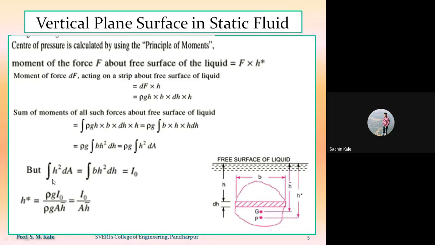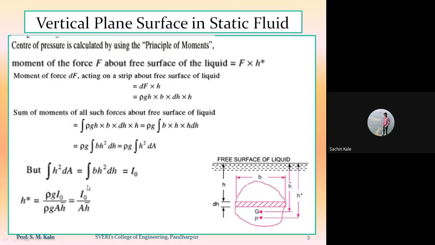By equating both, and putting the value of F, which we calculated as rho g A h bar, I will get h star equal to I0 upon A h bar.